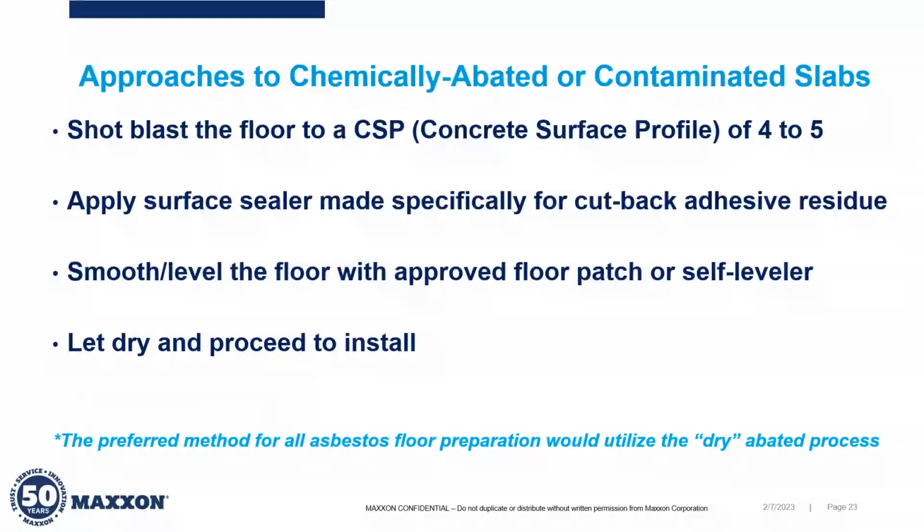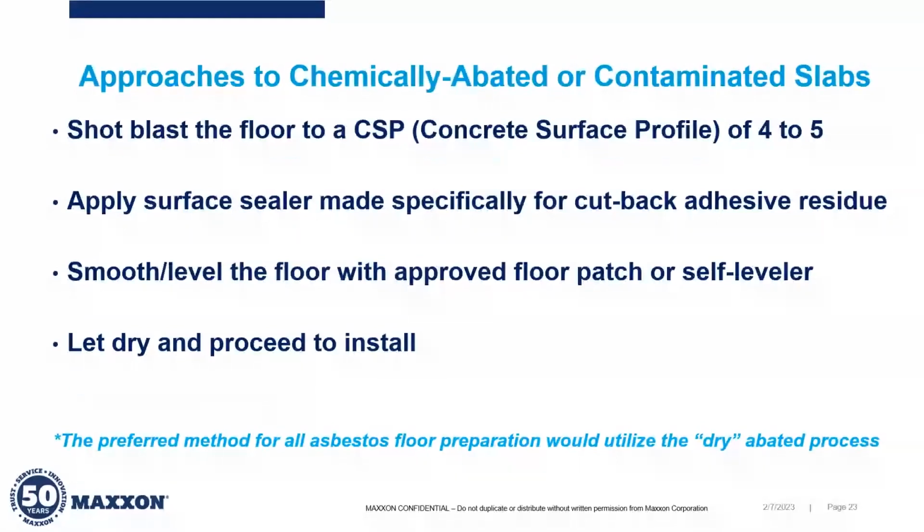So again, the method of choice has been to shot blast the surface to a pretty rough profile of a 4 to a 5, which is enough to remove the surface contaminants and also get into that concrete slab to hopefully remove some of the contamination that's seeped into the surface a bit, right?